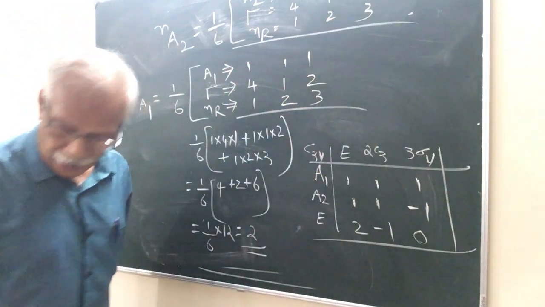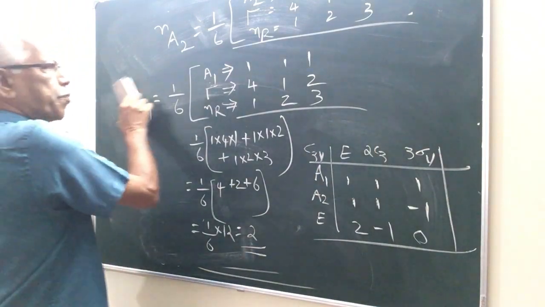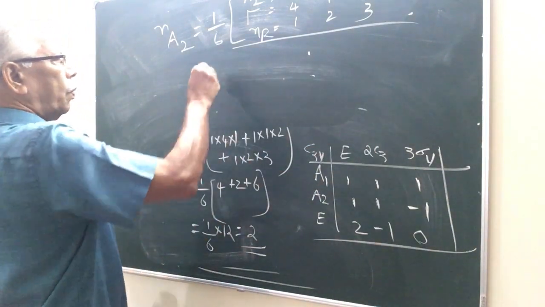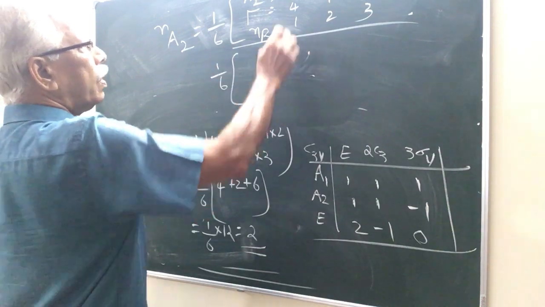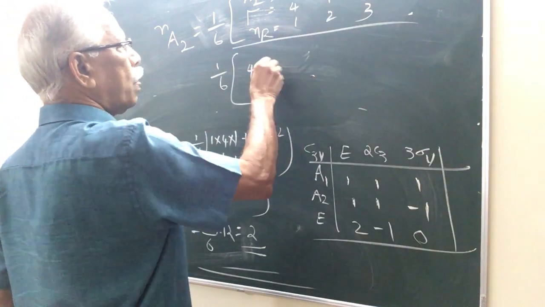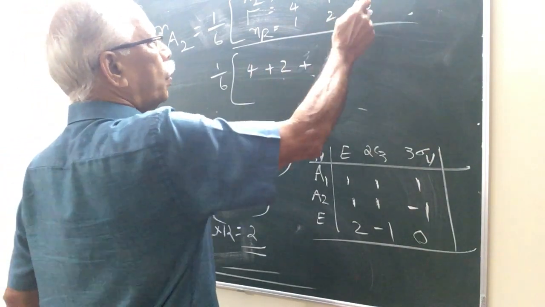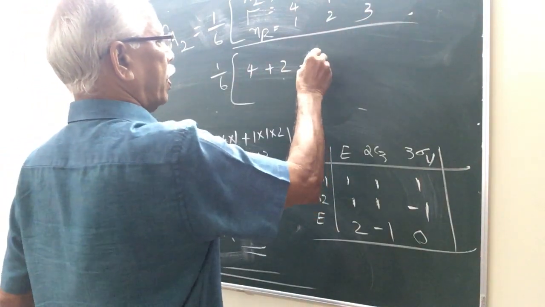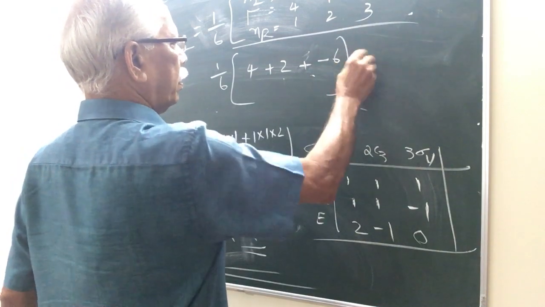So multiply these numbers and add. 1 by 6. 1 into 4 into 1, that is 4. 1 into 1 into 2, that is 2. 1 into 2 into 3 with a minus sign, it is minus 6. So it is 0.